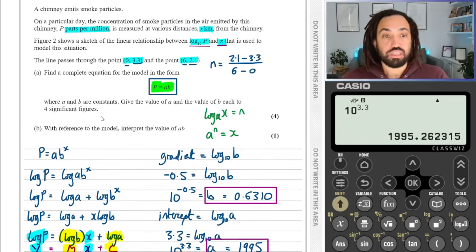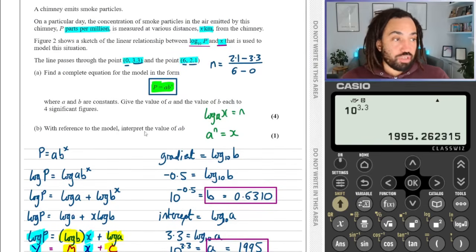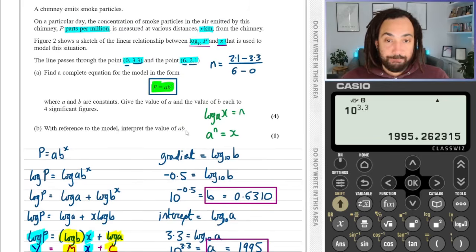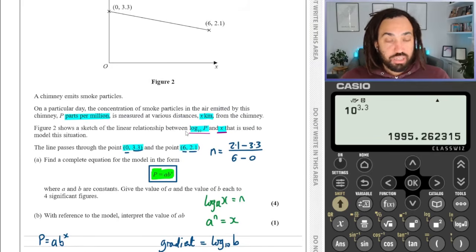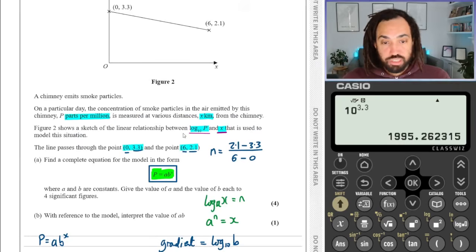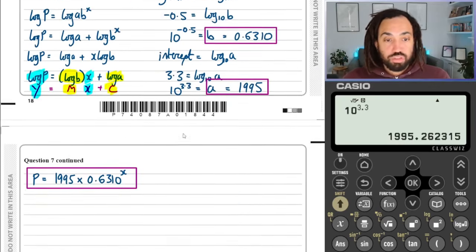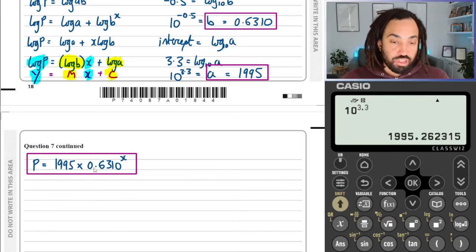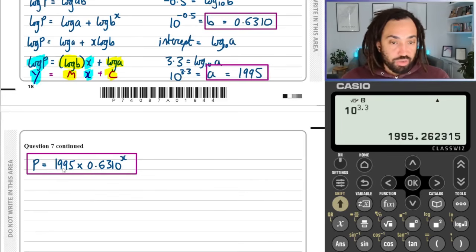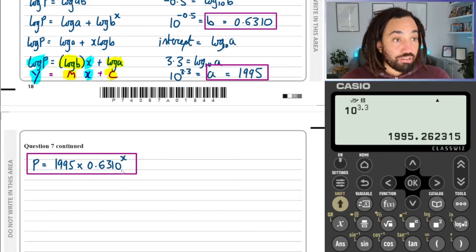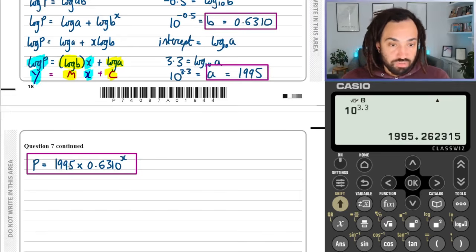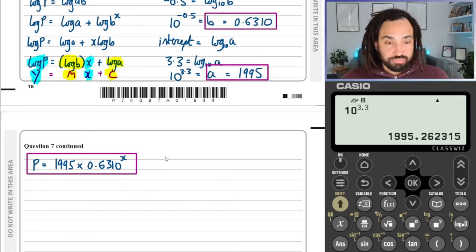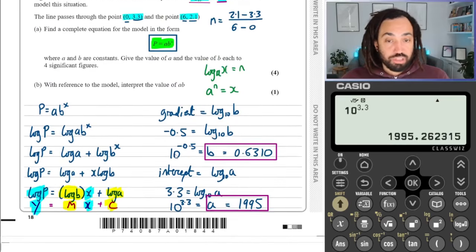Okay, great. Now it says, with reference to the model, interpret the value of AB. Okay, tricky this. So what you might recognize is this kind of equation, that kind of format, as compound interest from GCSE. So you've got the initial investment times by the multiplier to the power of the number of years, and that's exactly what this is. But we're not talking about money here.